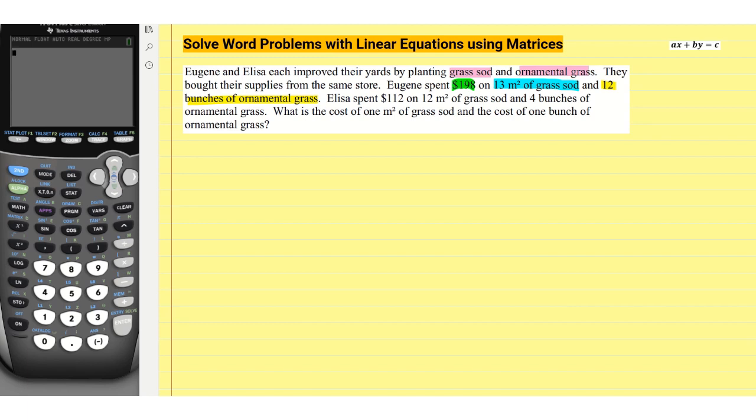Elisa spent $112 on 12 units of grass sod and 4 bunches of ornamental grass. They want us to find the cost of the grass sod and the cost of a bunch of ornamental grass.